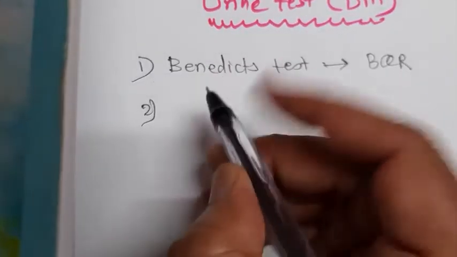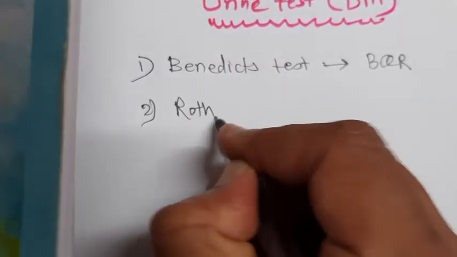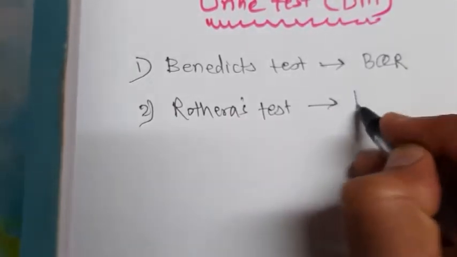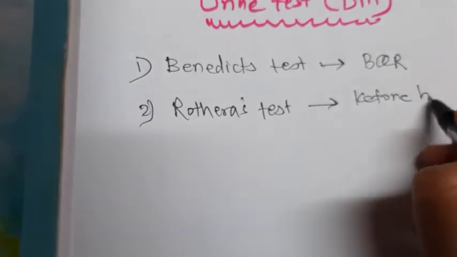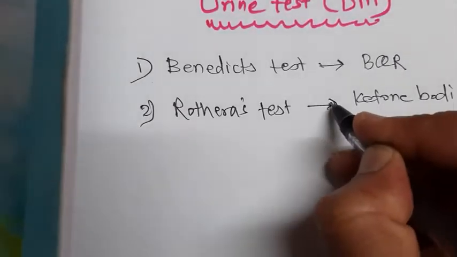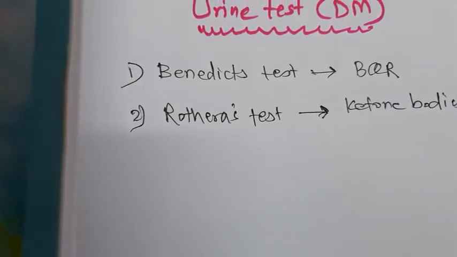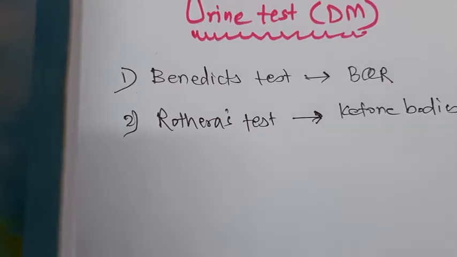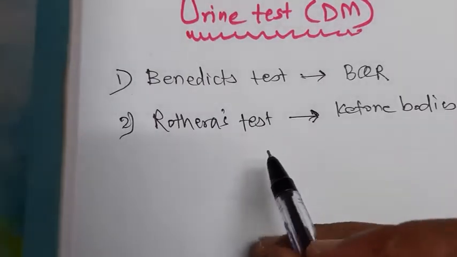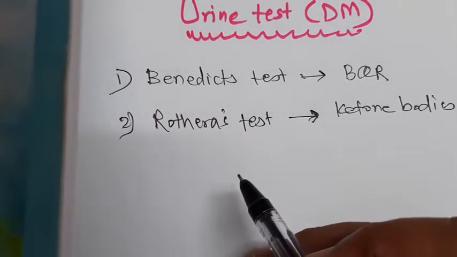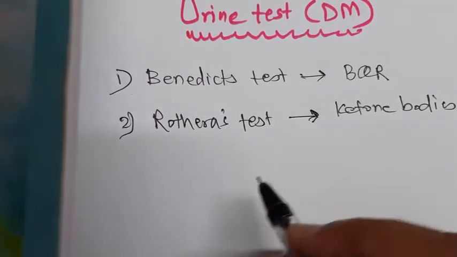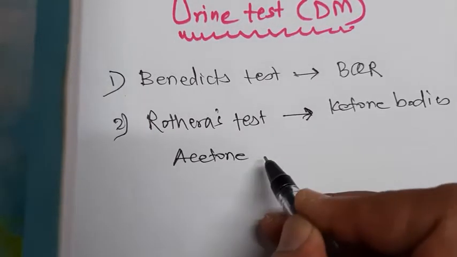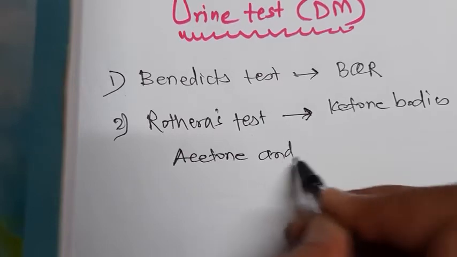The second test is the Rothera test for ketone bodies. As we have seen, these ketone bodies are excreted and there is ketonuria, and they can be tested using Rothera's test, particularly acetone and acetoacetate.